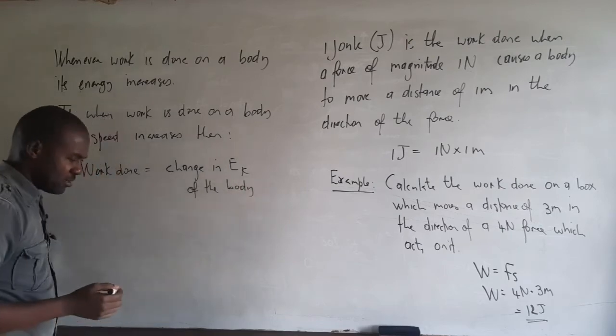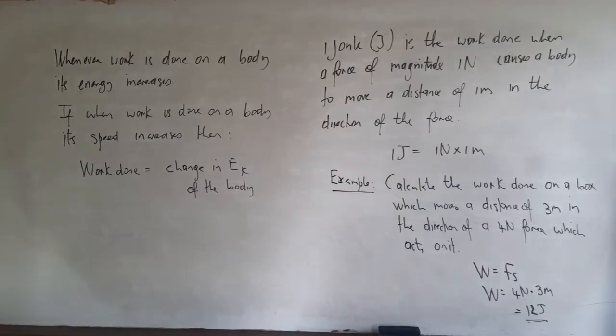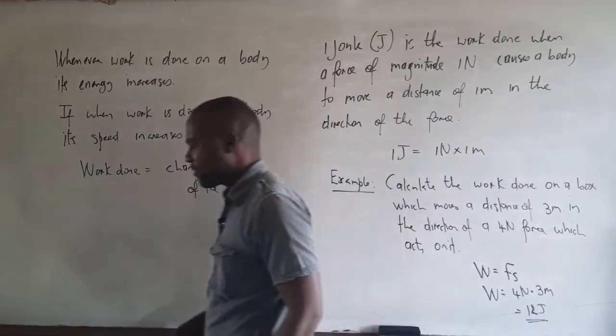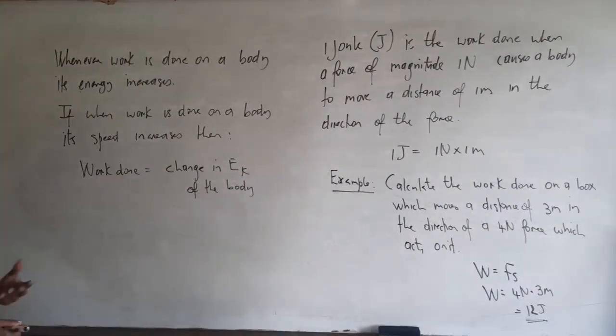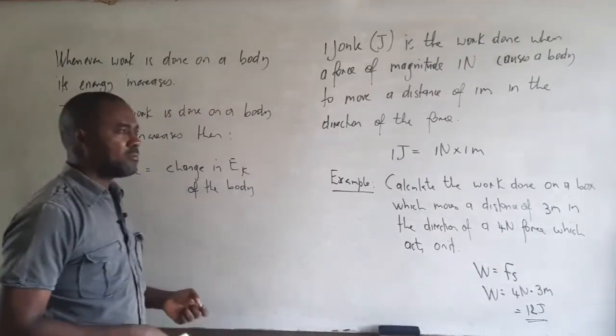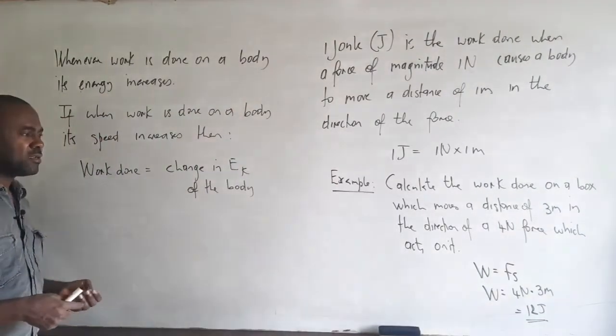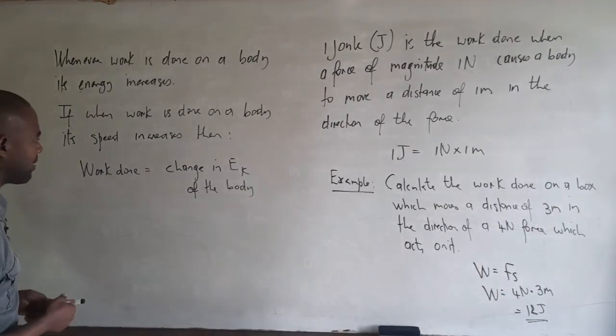So if work is done on the body and the body's speed increases, then it means that basically work done is equal to the change in kinetic energy of the body, right? Similarly, if work is done and the object changes height, then it means that the work done is equal to the change in the gravitational potential energy of the body, right?